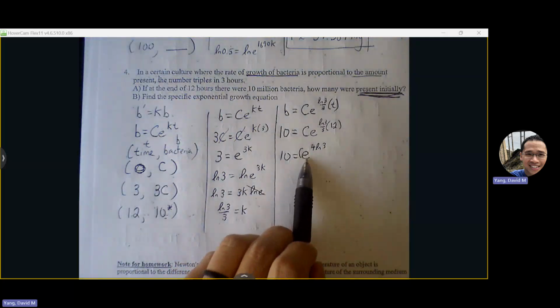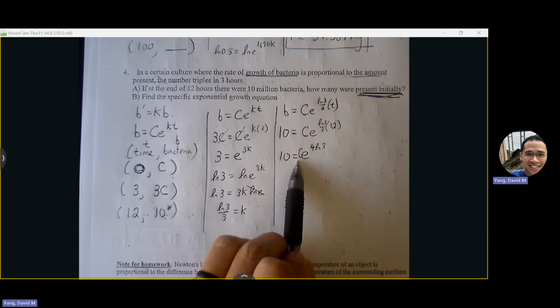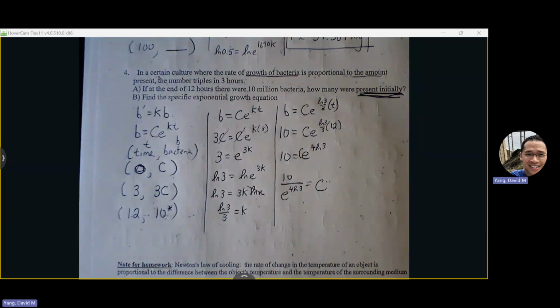Okay, I'll divide both sides by e to the 4 natural log of 3, and that should allow me to isolate C. And remember, we have to multiply by 1,000,000 since we're using an easier number for our calculator here.